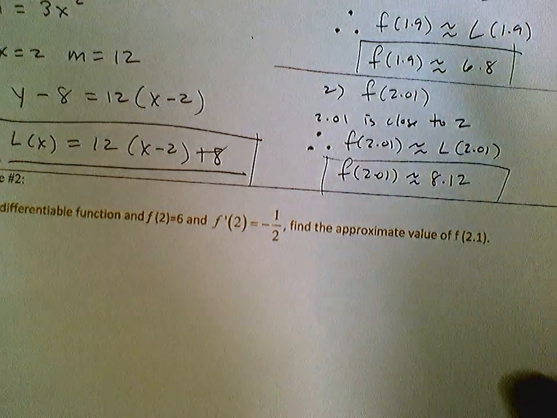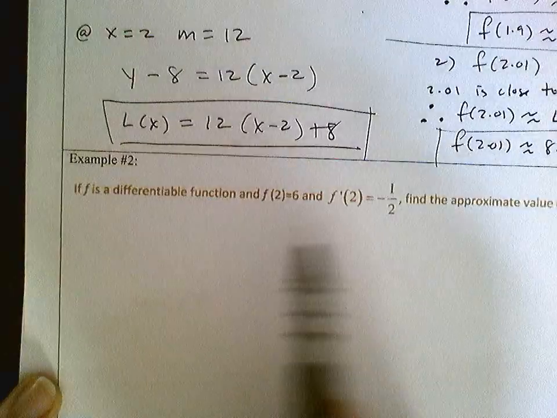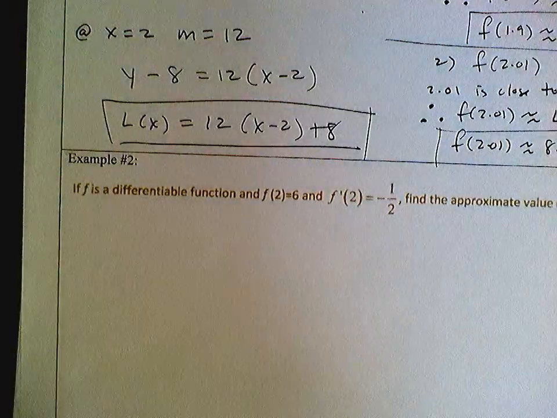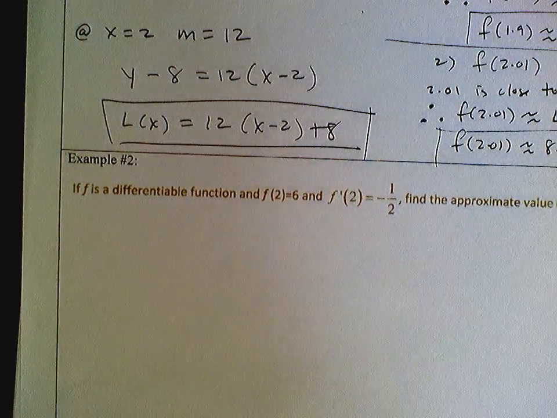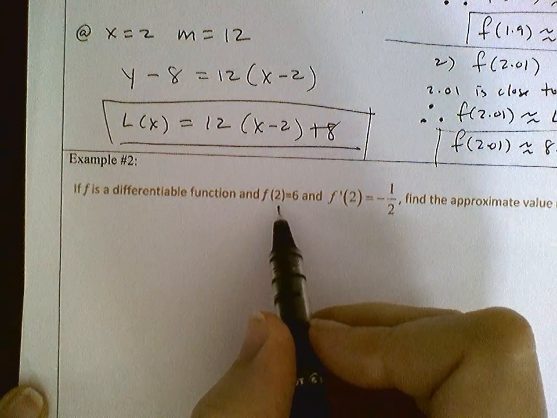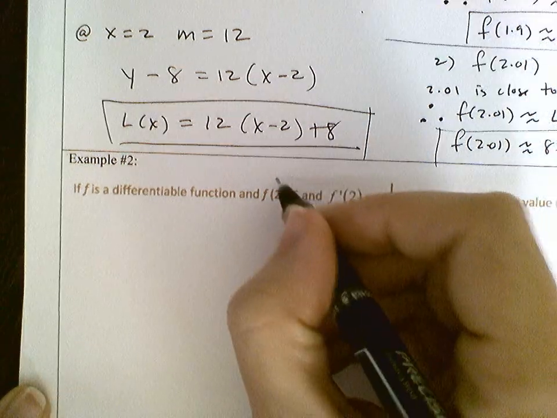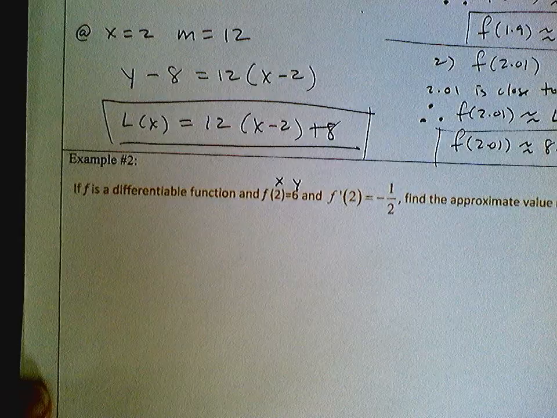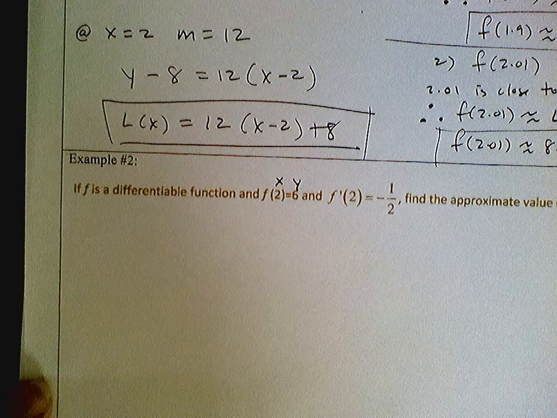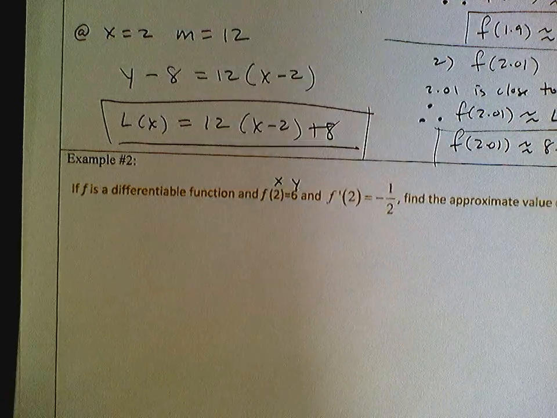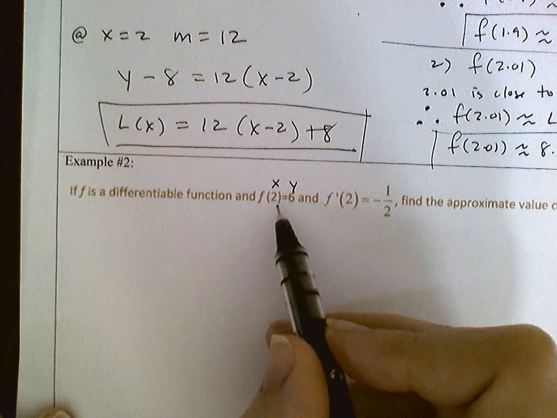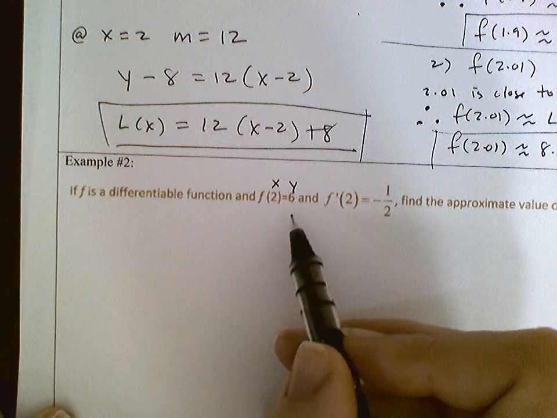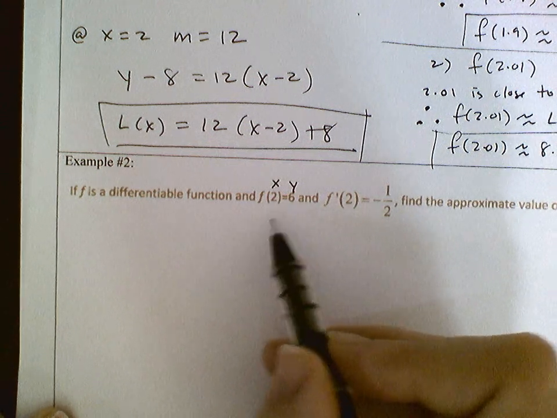But what we can do with this information here is that we can find the equation of the tangent line at 2. Because here we have, all right, so this would be your x and y coordinate pair. So we know (2, 6) is a point on f.